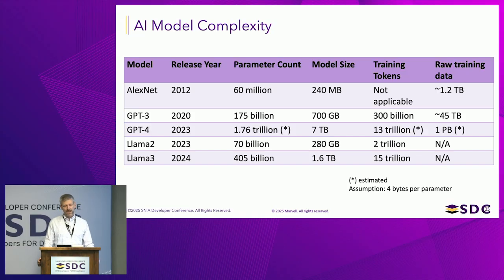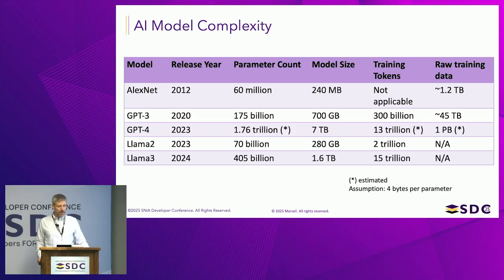If you look at the model size, assuming 4 bytes per parameter, we're talking originally about hundreds of megabytes, more recently about terabytes. The model size itself fitted originally into memory, but now increasingly it's challenging to put it all into memory. But these are not huge capacities from a storage perspective.